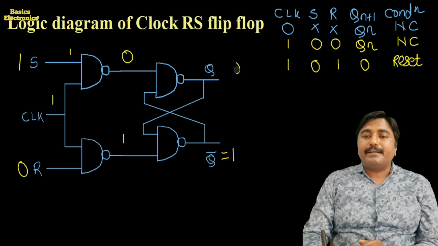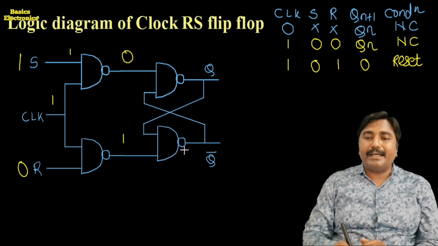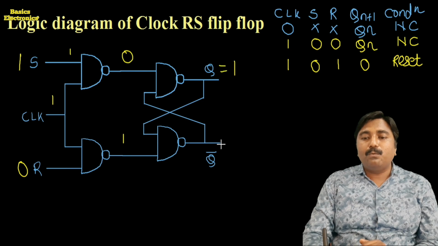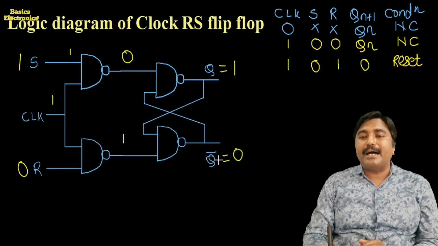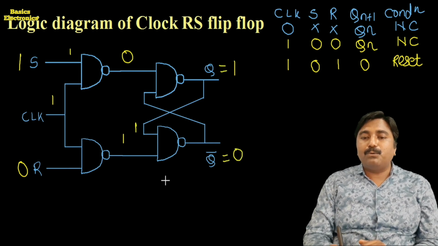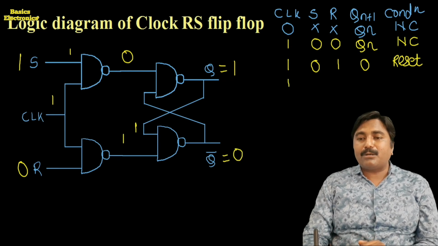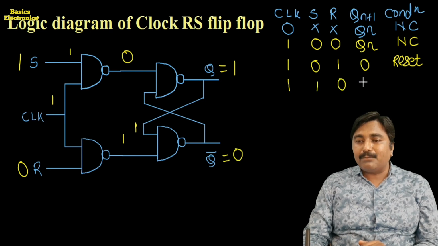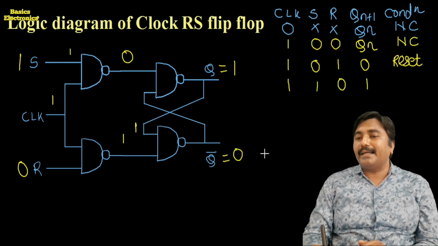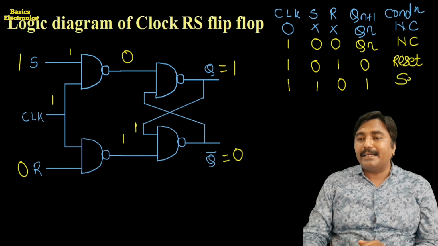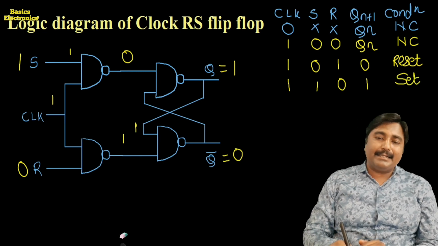The upper NAND gate has one input low, so its output Q is equal to 1, and Q bar is equal to 0, because both inputs are 1 1. It means clock is equal to 1, S is equal to 1, R is equal to 0, we get Qn plus 1 equal to 1, and this condition is the set condition.